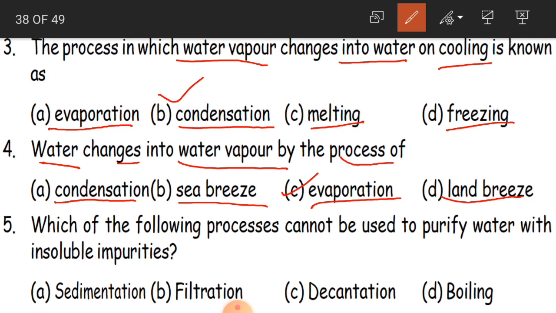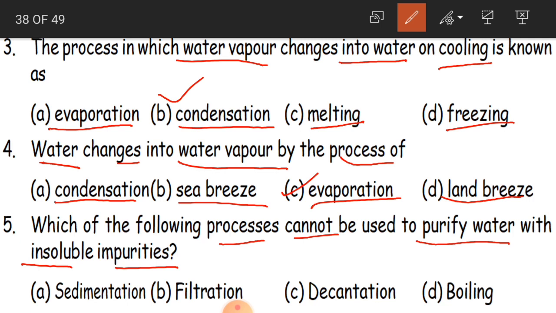When the water gets heated, it is going to change into water vapor. And this is nothing but the process of evaporation. Clear children?